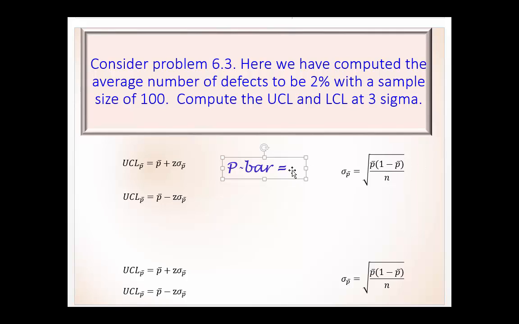So we've got our p-bar, we know, is 0.02, right? Because it's 2%, so we're going to convert that to a decimal. We also know that our n is going to equal 100, because it tells us that in the problem.